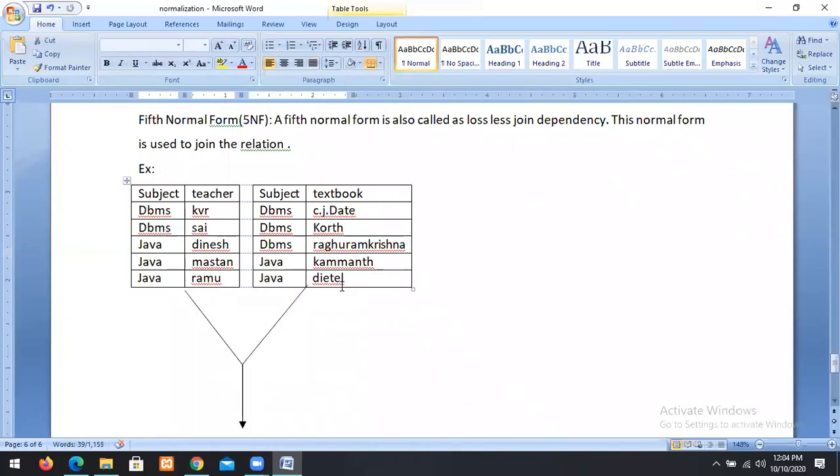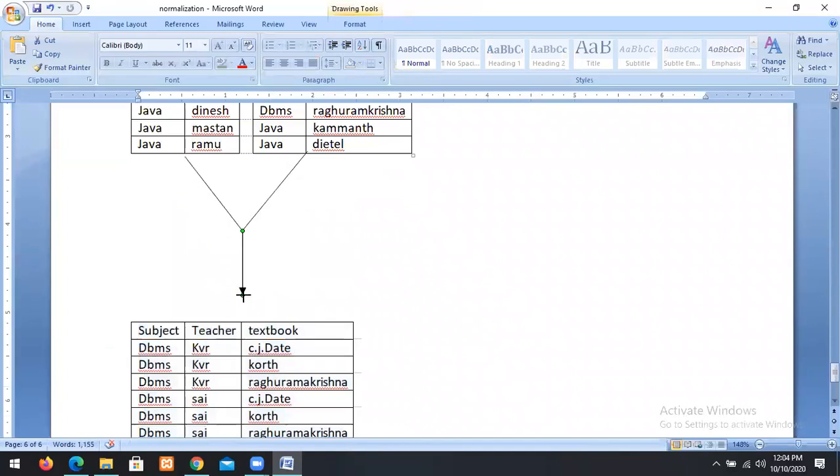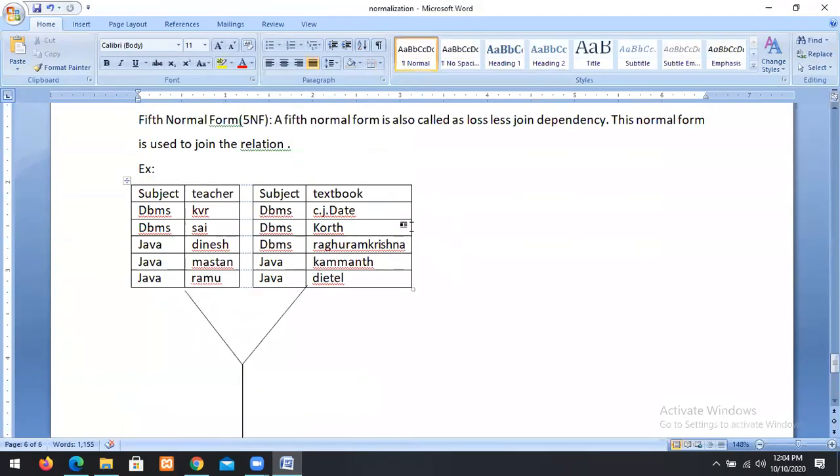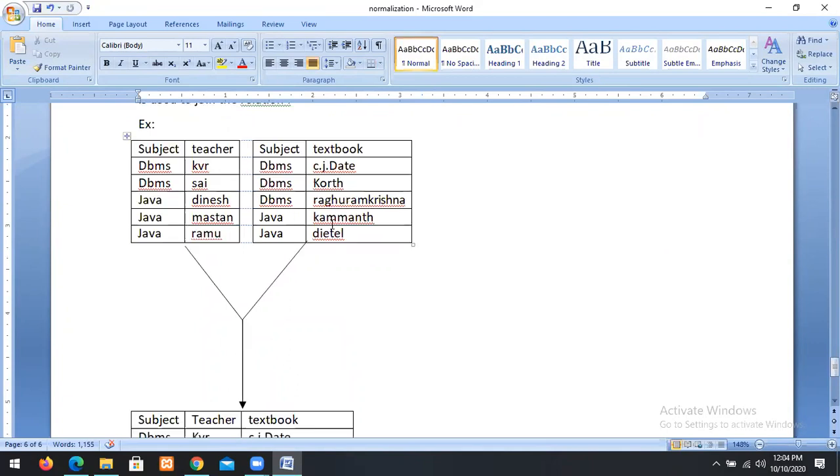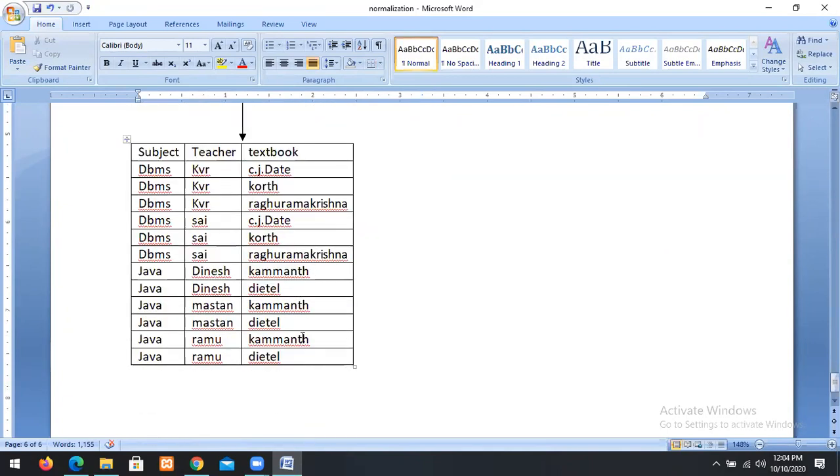So this is called a fifth normal form. A relation is said to be in fifth normal form, it is called join dependency. If there are two relations, when I combine these two relations, then I will get the original relation.